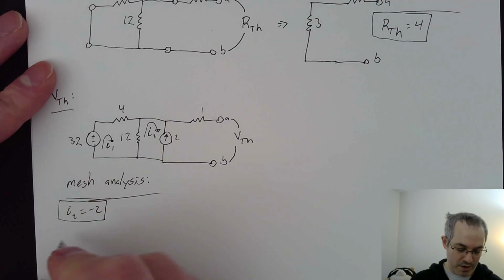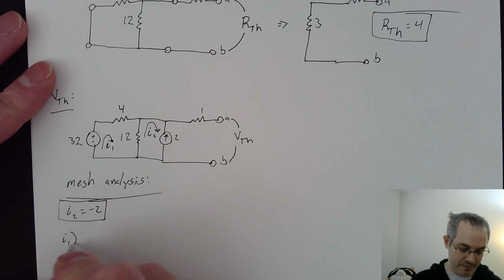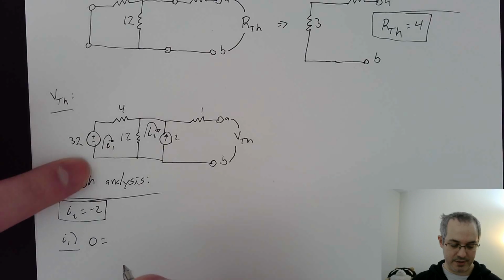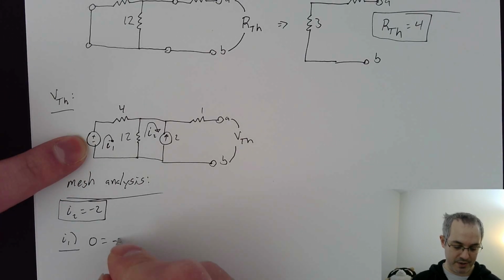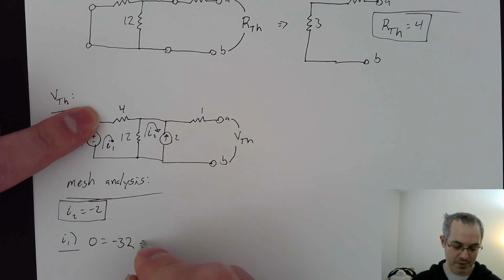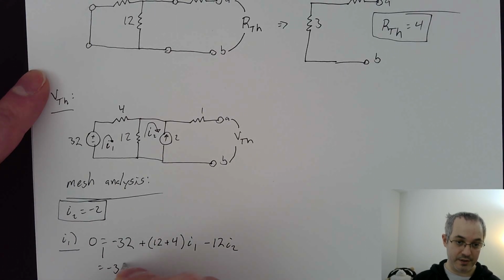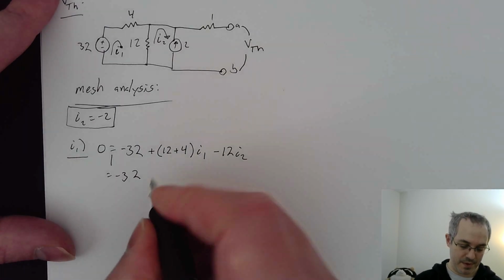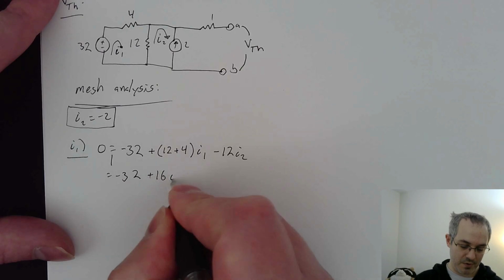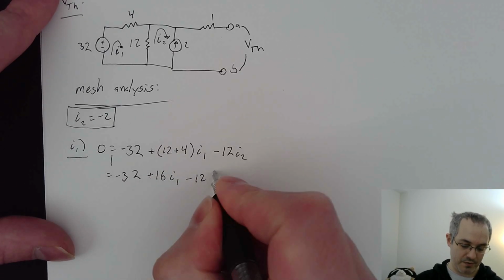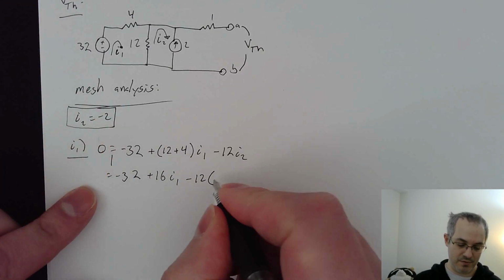For I1, the I1 equation will be 0 equals, I'll just start down here. We hit -32 plus 12 plus 4, the two resistors in there, I1, minus 12 I2. Simplifying this a bit, plus 16 I1 minus 12 times I2, which was -2.